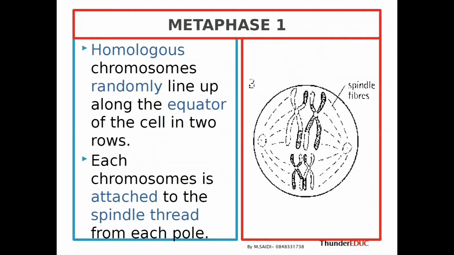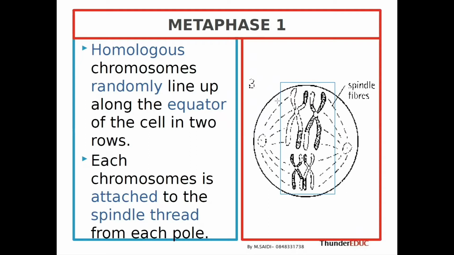That is now the second stage, metaphase 1. In metaphase 1, what you need to take note of is that the chromosomes align themselves at the equator. You can see the chromosomes are at the equator. Hence the term metaphase, M for middle.